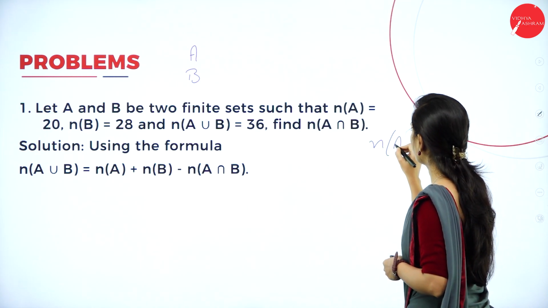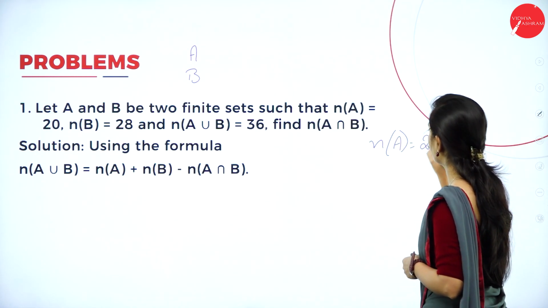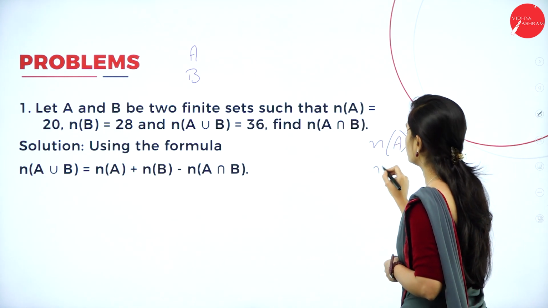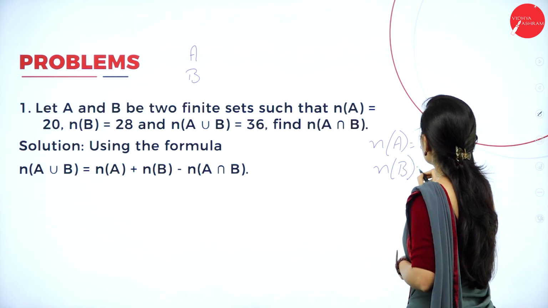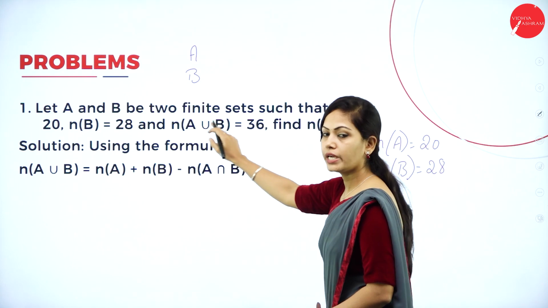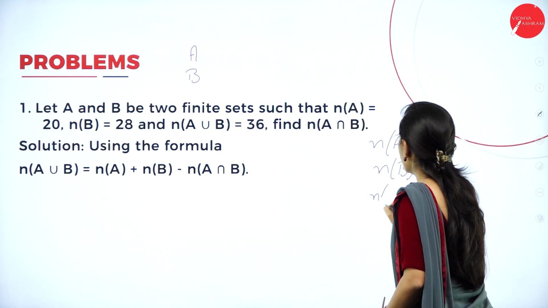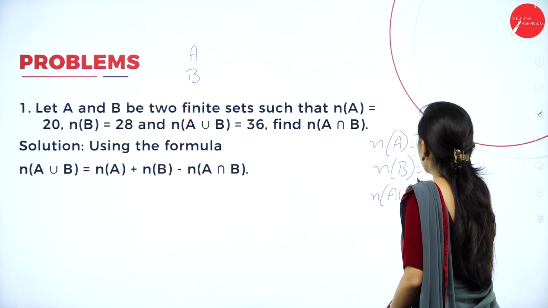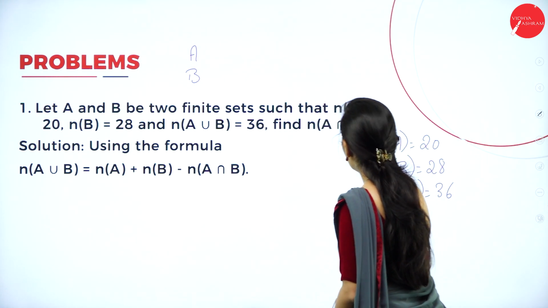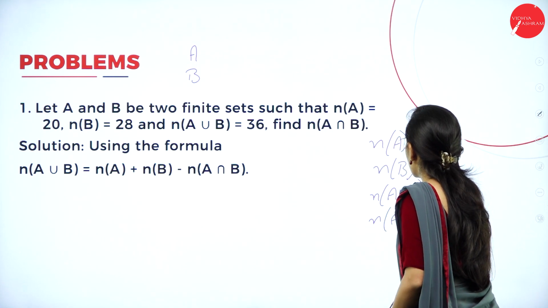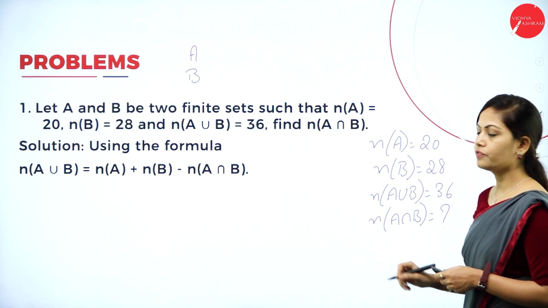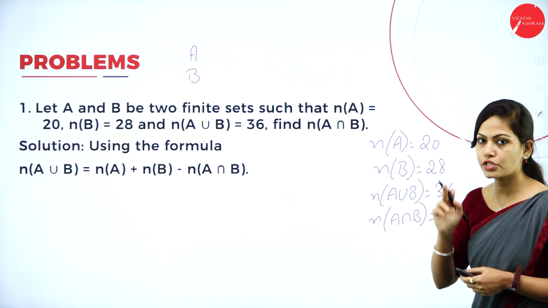First write all the given values. n of A is equal to 20, n of B is equal to 28, and n of A union B is equal to 36. And find n of A intersection B. So you have to find the value of n of A intersection B.